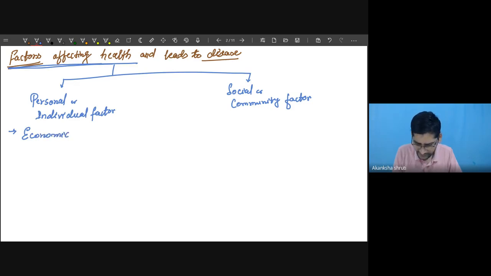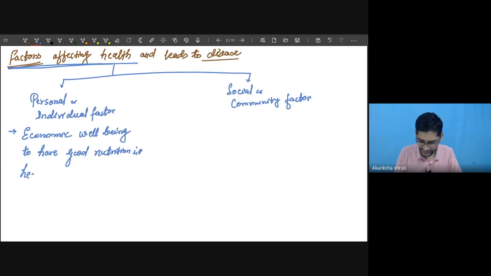So this personal factor is also called economic well-being, to have good nutrition, meaning healthy food or a balanced diet.